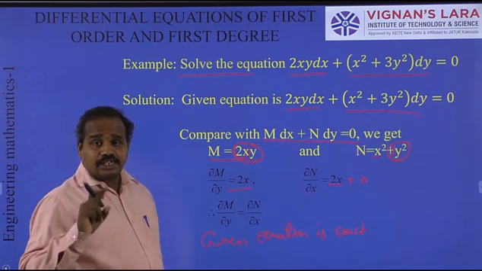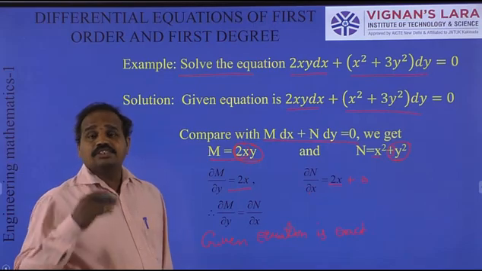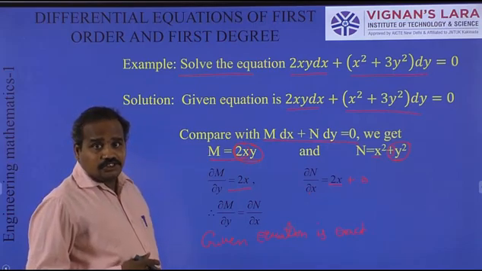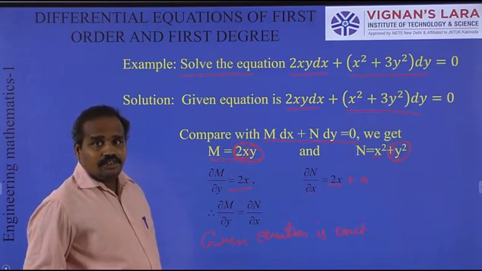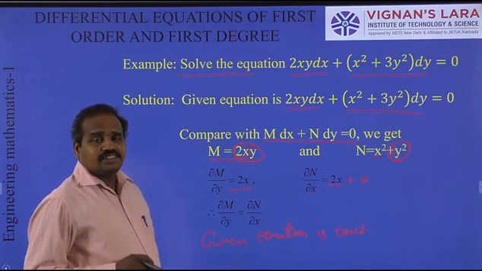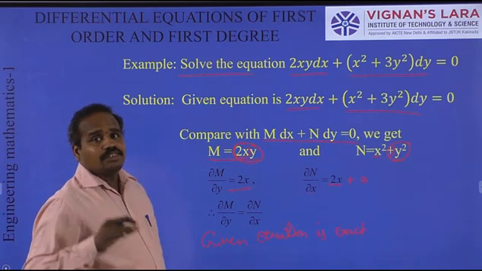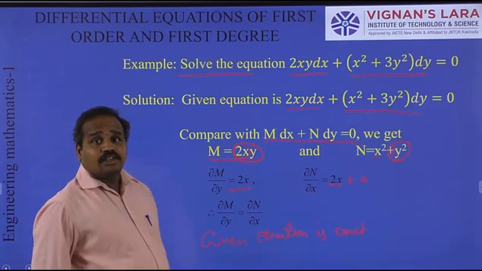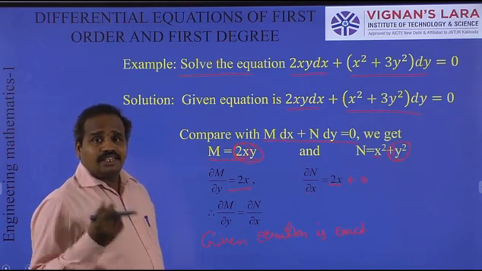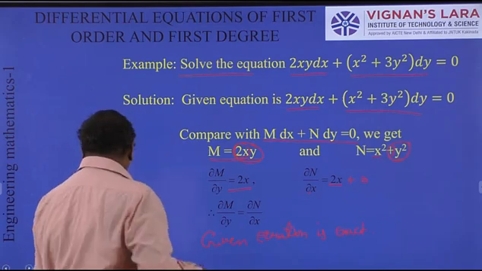So what is the first step? We are comparing the given equation with m dx plus n dy is equal to 0. After that we are evaluating the partial derivative of m with respect to y, the partial derivative of n with respect to x. If those two are equal, then that equation is said to be an exact equation. So up to that step completed. After that what we are doing? We are evaluating the general solution of the differential equation.